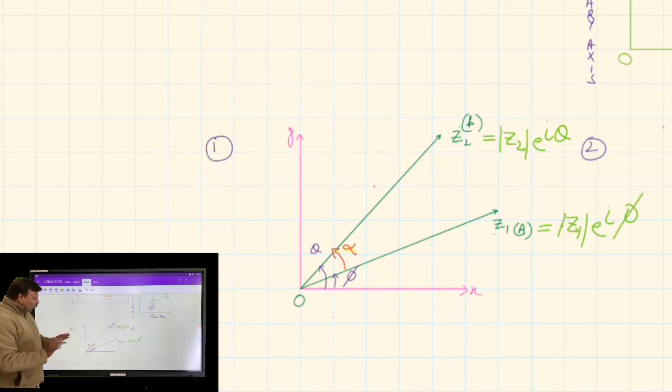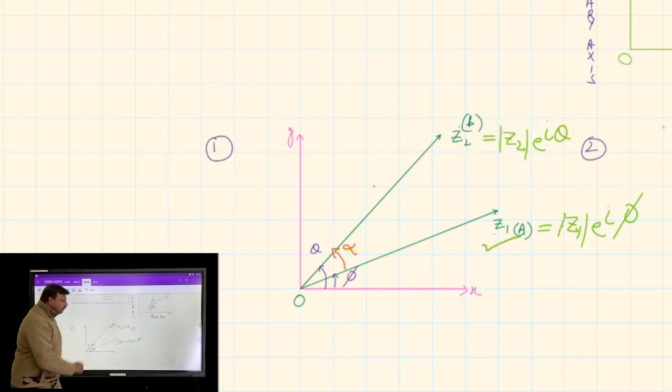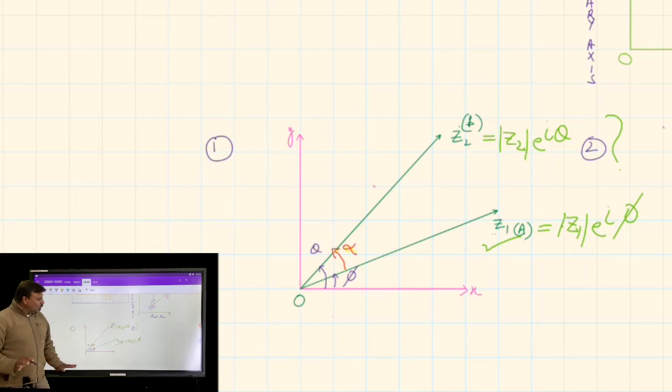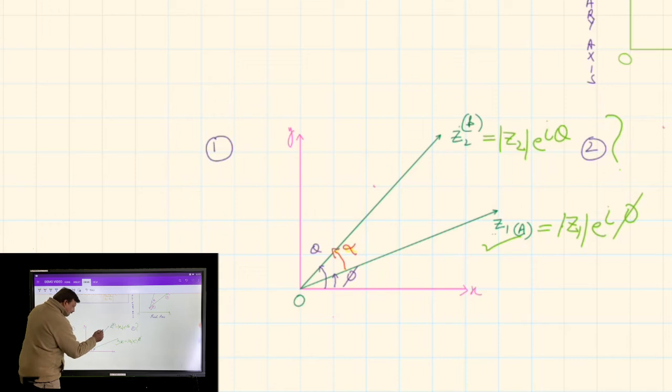Now, what is the situation here? Z1 vector is there about which we know. Z2 is something which we are supposed to arrive at. This we don't know, although we have expressed it like this. The length of Z1 is obviously mod Z1 and mod of Z2 is known.